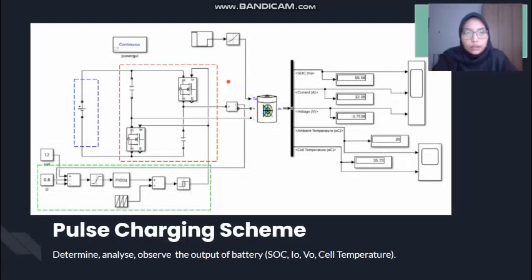Next, this fast charging scheme consists of a half bridge inverter, which functions to produce a pulse, and then the supply that we use is a voltage source, and this is the controller.